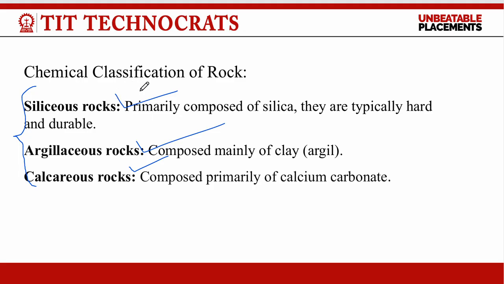Siliceous rocks contain silica. Argillaceous rocks contain clay. Calcareous rocks are composed primarily of calcium carbonate. So dear, this was the classification of rocks or stones.